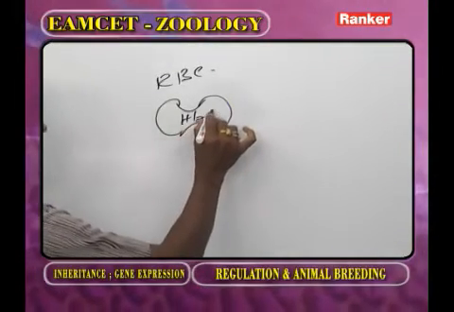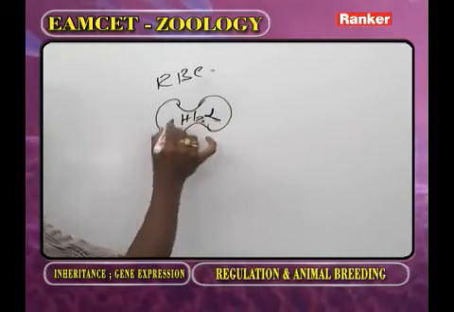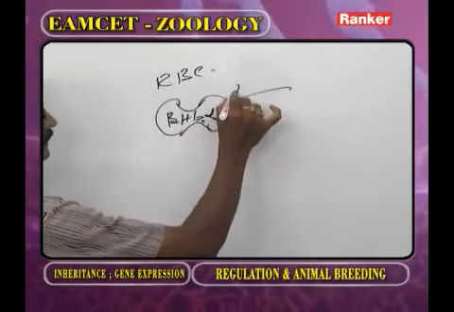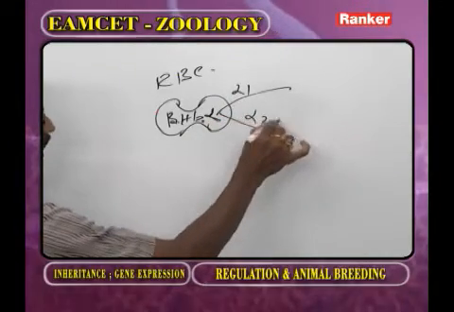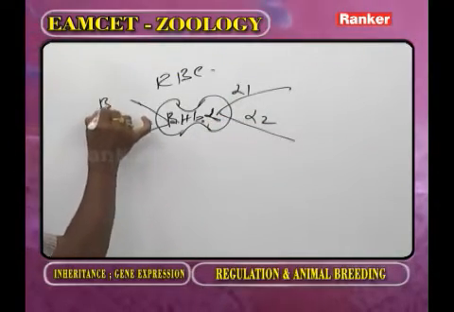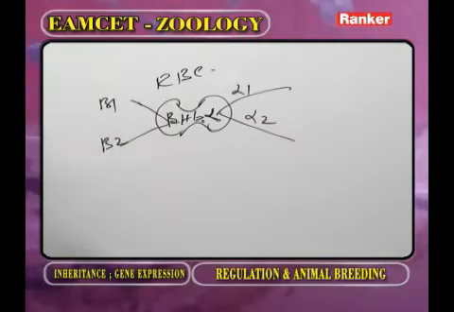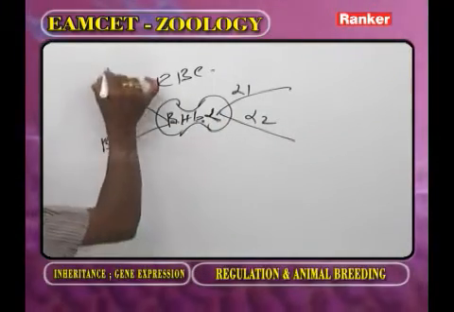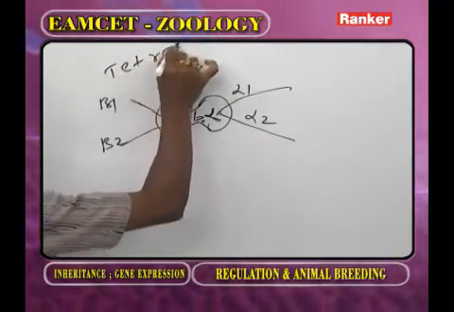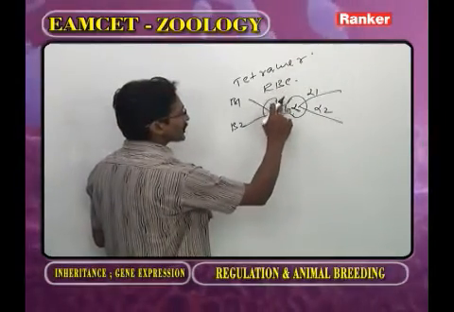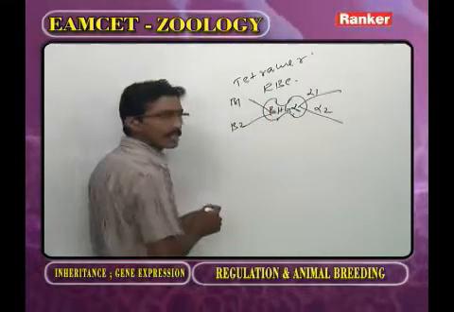Now it has alpha gene and beta gene. Now it has alpha 1, alpha 2, 2 polypeptides, and this is beta 1 and beta 2. How many polypeptide chains are present? 4. So it is called tetramer.